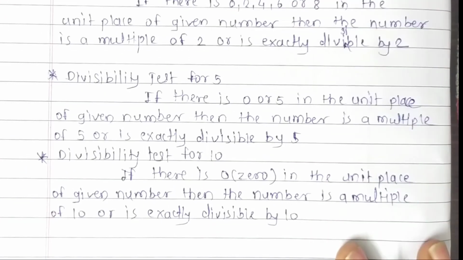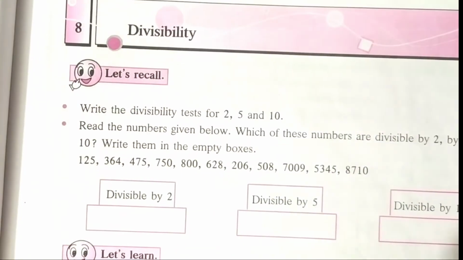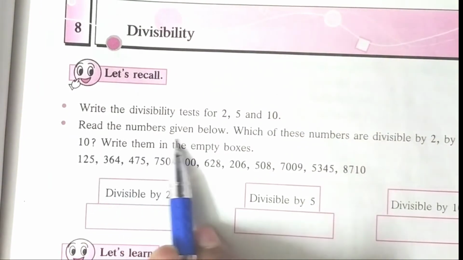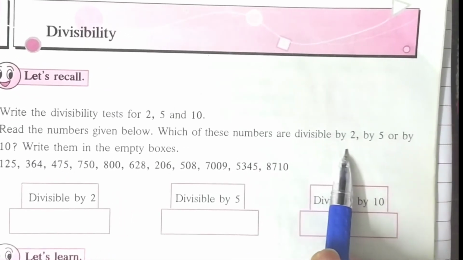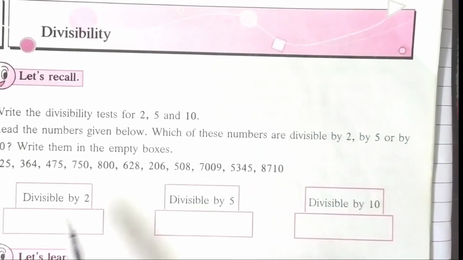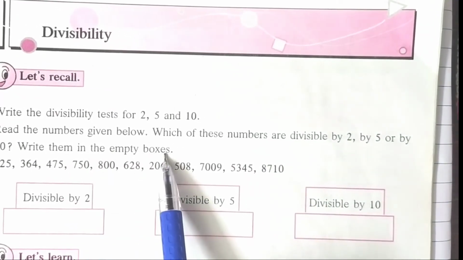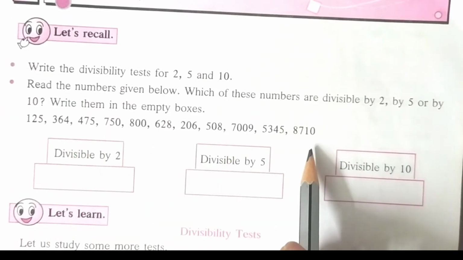Now the second question they ask us: read the numbers given below. Which of these numbers are divisible by 2, by 5 or by 10? Write them in the empty boxes. Here they give some numbers.